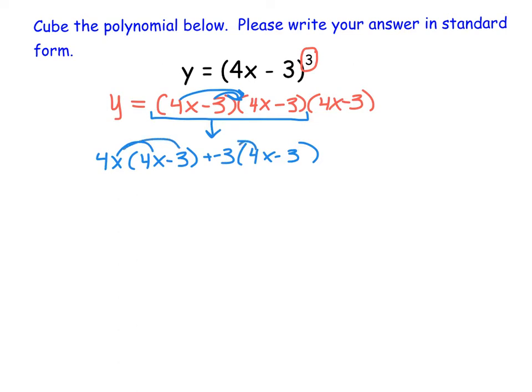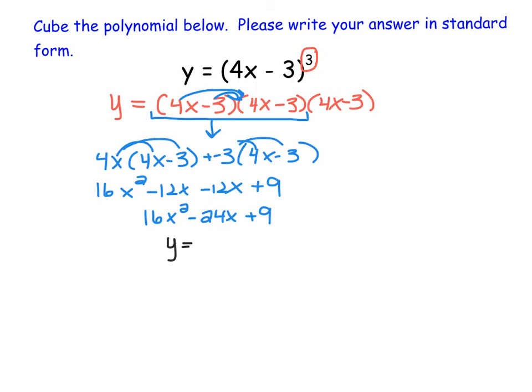If we distribute there and use big distribution, we end up with 16x squared minus 12x minus 12x plus 9. If we combine like terms, we end up with 16x squared minus 24x plus 9.